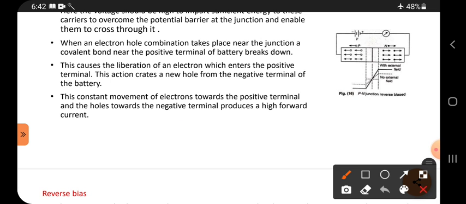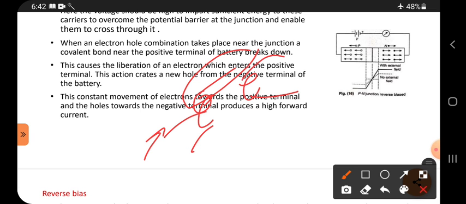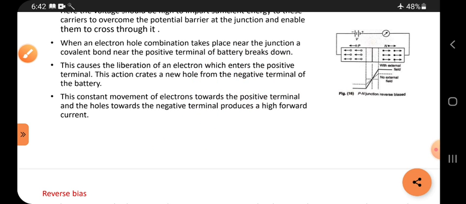So here, when we apply a voltage greater than the potential barrier, they can break the bond between the electrons. That bond is the covalent bond, and then we get a large number of free electrons. So these electrons make a large flow, which can be shown by the ammeter, and the current increases very sharply.